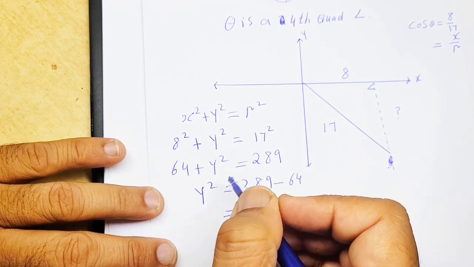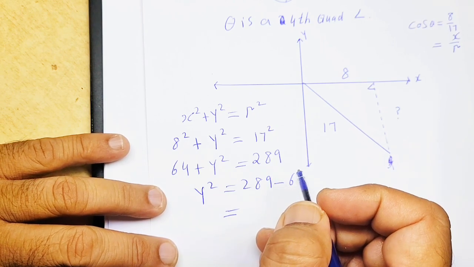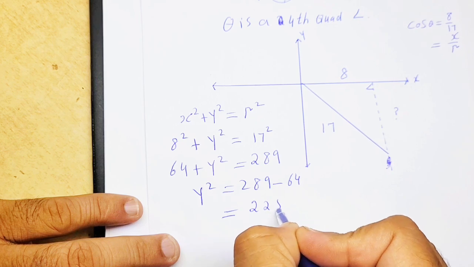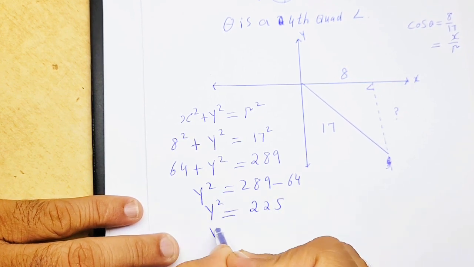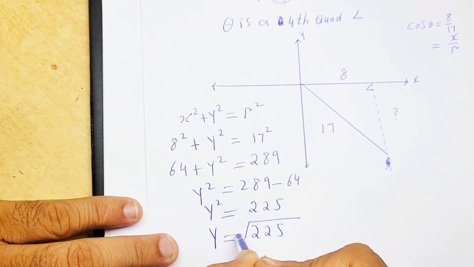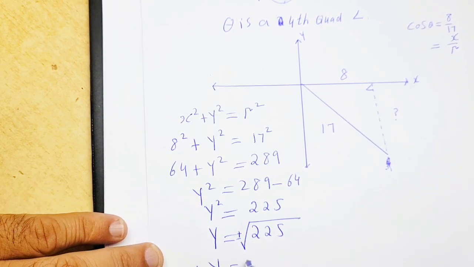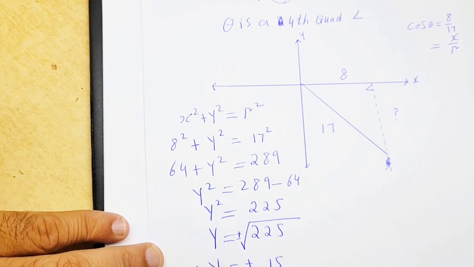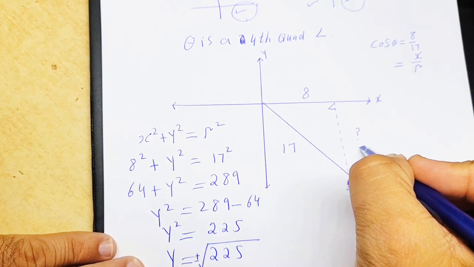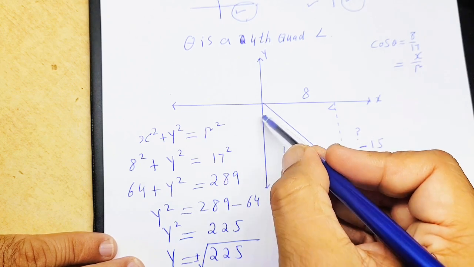Use the calculator please. It's going to be 225, and the y value is the square root of 225, positive and negative, therefore y becomes positive or negative 15. But we're going to use negative 15, not positive, because in this quad the y-axis is negative.